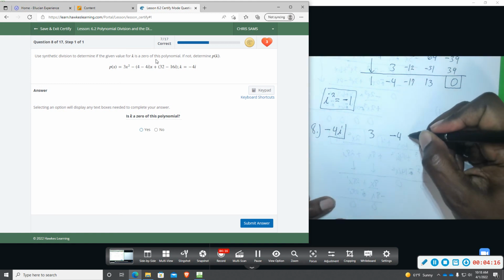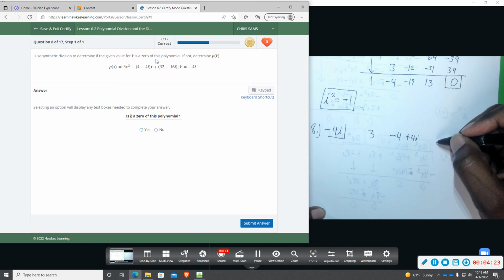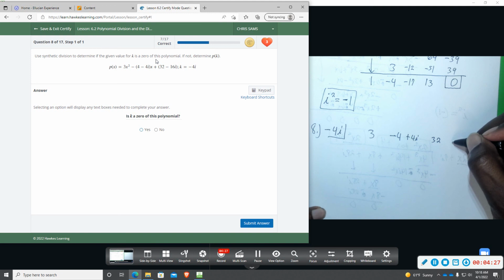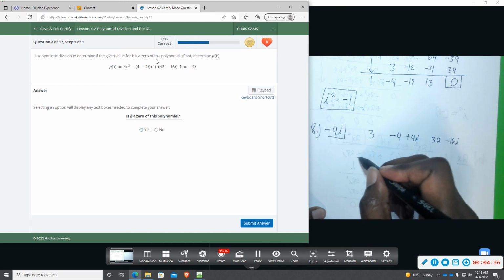So plus 4i. And then my last one, since it's a positive outside, I don't have to distribute that. This is just going to be 32 minus 16i. Okay. So this is like a term, and this is a term together.